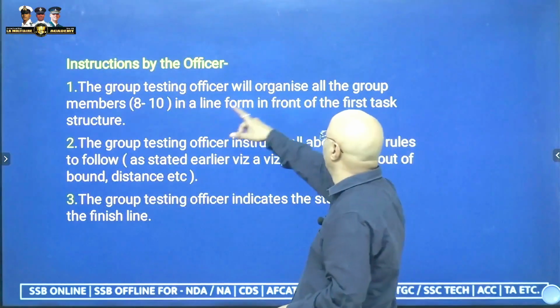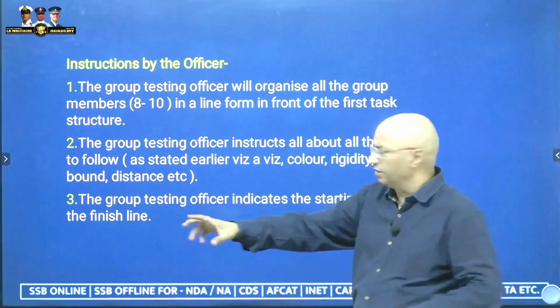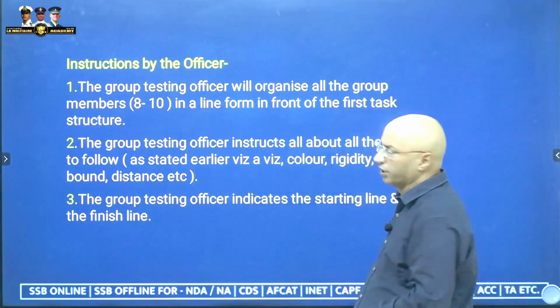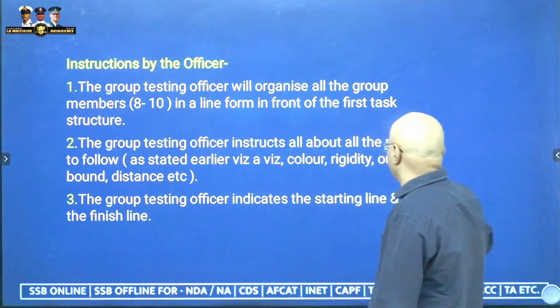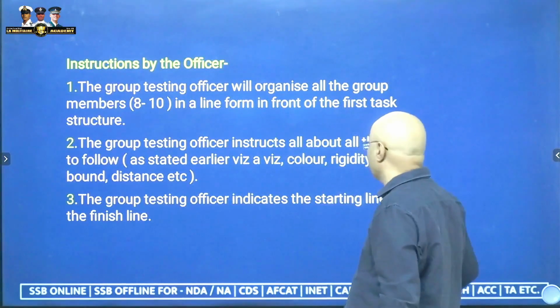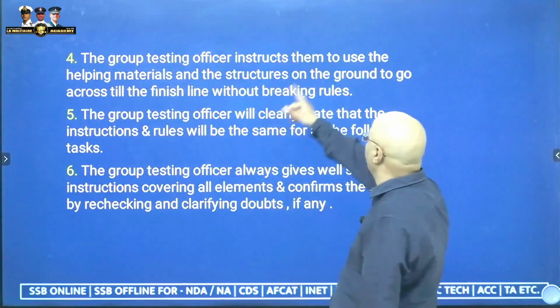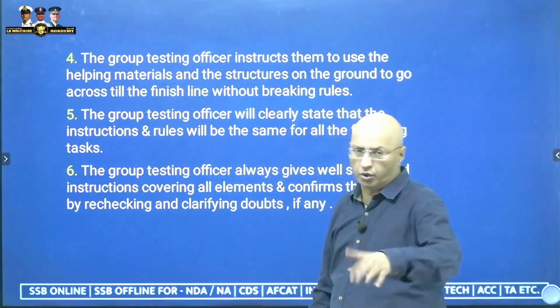Instruction by the officer: they will organize all the group members in a line and make them stand. The group testing officer instructs all about the rules. I've already told you about the rules. The group testing officer indicates the starting line and the finish line. This is the starting line, that is the finish line. Then the group testing officer sends them to use helping materials and structures to go across.